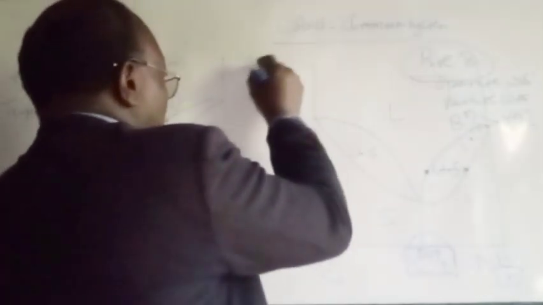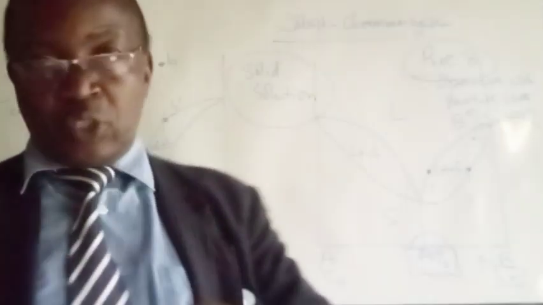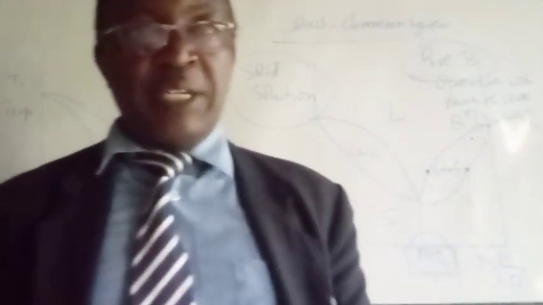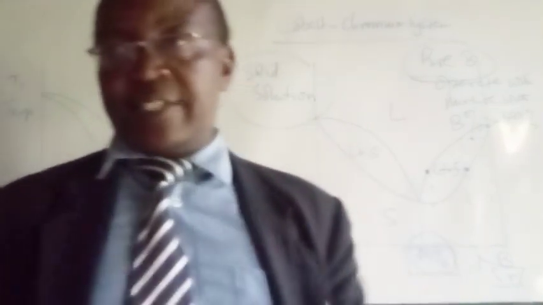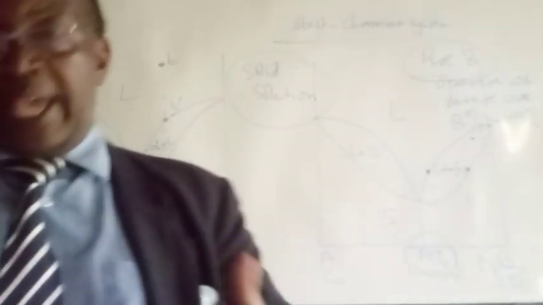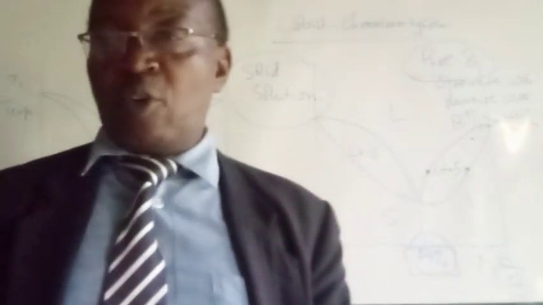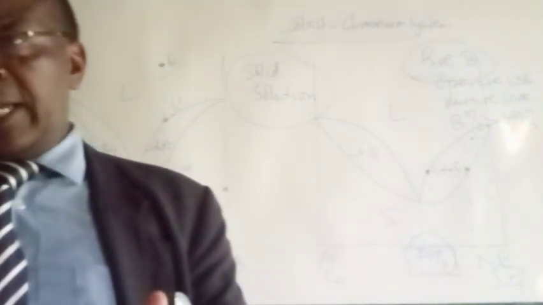So solid solution is the key word which we need to know. A solid solution is a homogeneous solution of those atoms in the solid structure. And the interpretation is basically that of the simple eutectic diagrams which we have talked about in other lectures. So make sure that you try and follow those other lectures where we have talked about eutectic diagrams for compounds, for incongruent melting systems, and for simple eutectic systems.